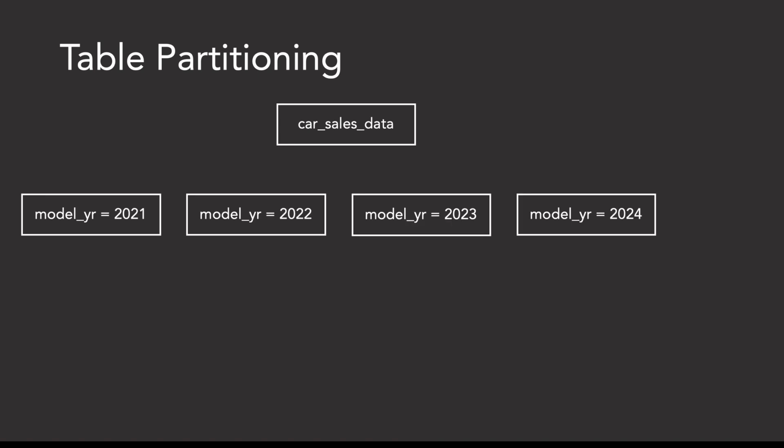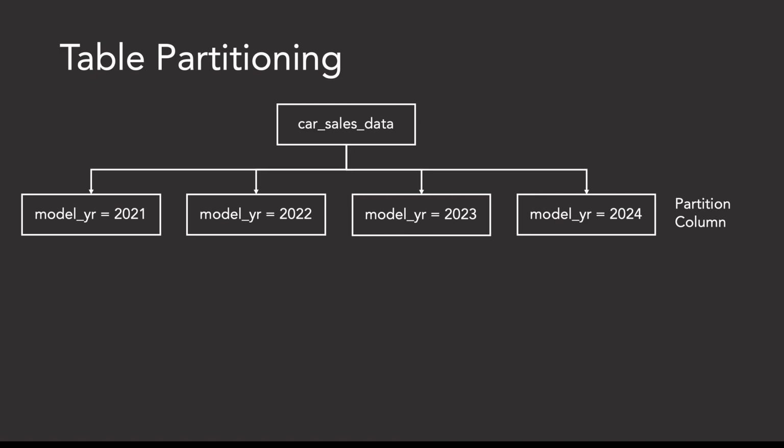So you break down a large data set into smaller pieces based on a certain column. In this case, let's say the column is model year, and this column is called the partition column or partitioning column. So the car sales data would be partitioned into multiple small data sets, and each data set would contain records for a particular model year.